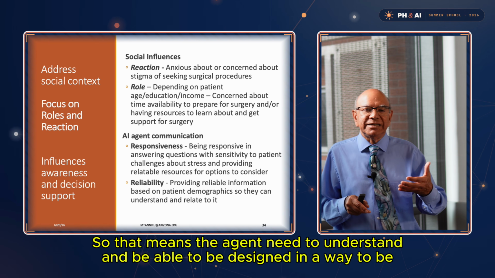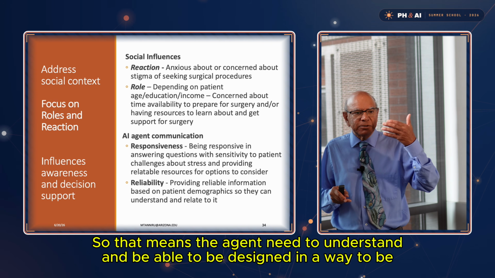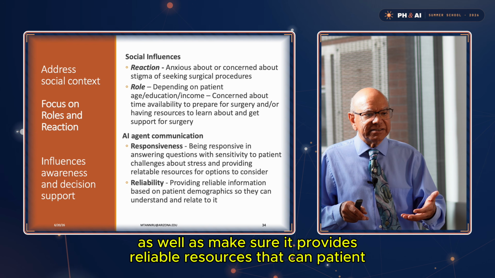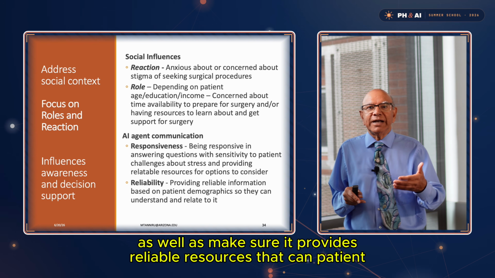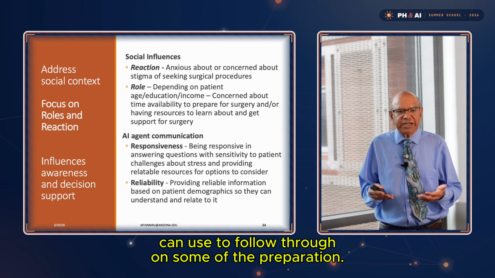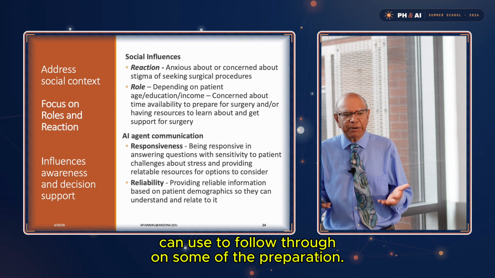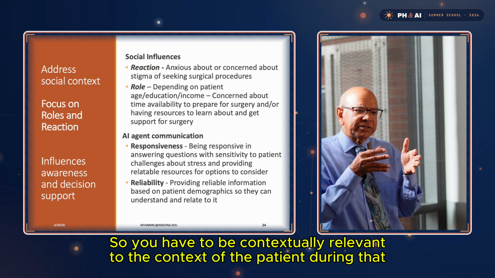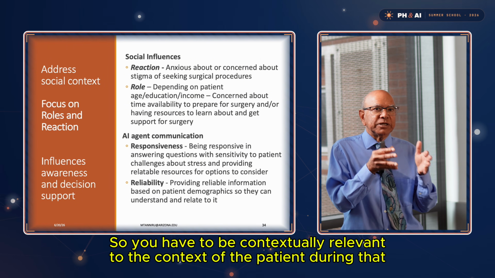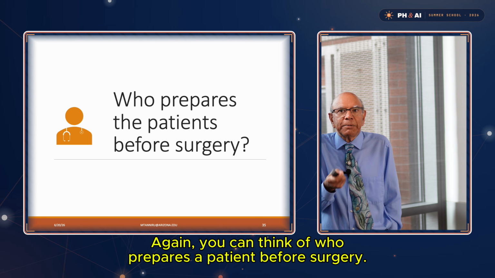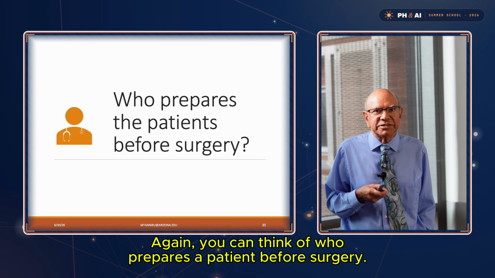So that means the agent needs to understand and be designed in a way to be responsive to their challenges, as well as make sure it provides reliable resources that the patient can use to follow through on some of the preparation. So you have to be contextually relevant to the context of the patient during that situation. Again, you can think of who prepares a patient before surgery.